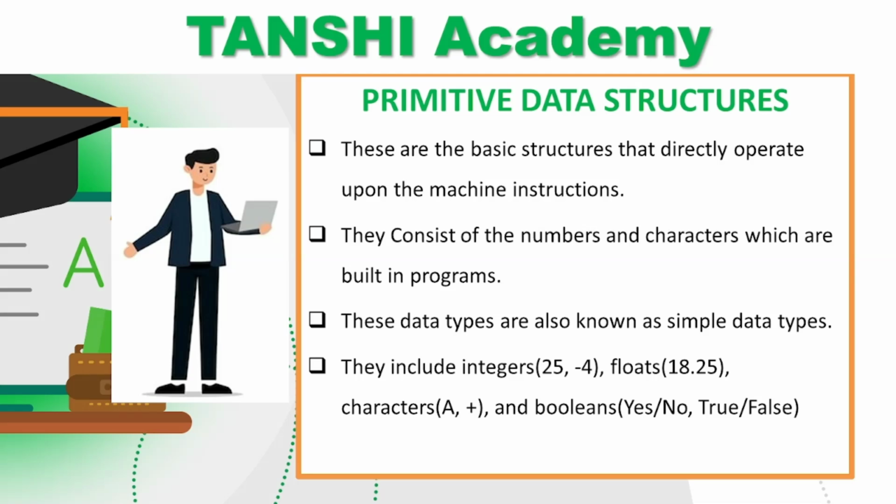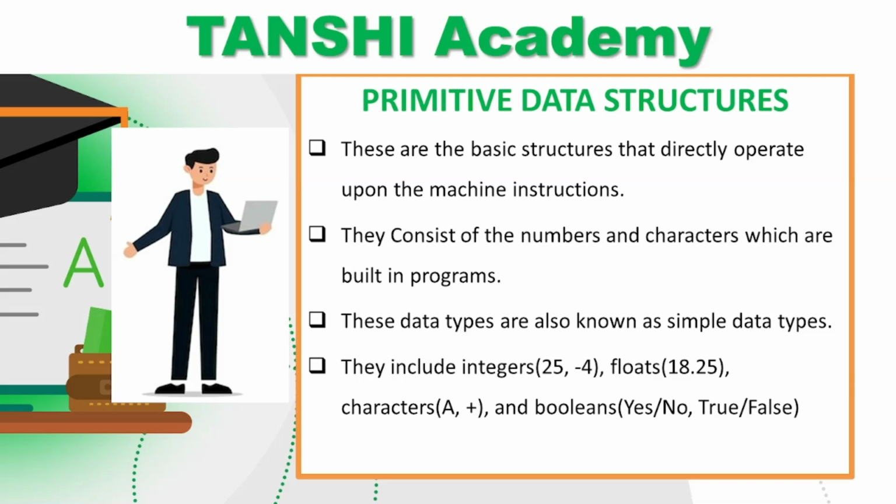Now, for primitive data structures, we're going to start with the first. These are the basic structures that directly operate upon the machine instructions, which means that they are manipulated directly by the machine. With these data structures, it is very easy to manipulate. It is very easy for the machine to operate them. They consist of numbers and characters, which are built into the programs.